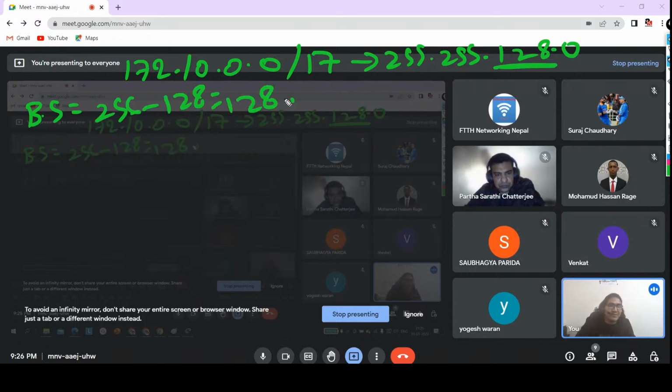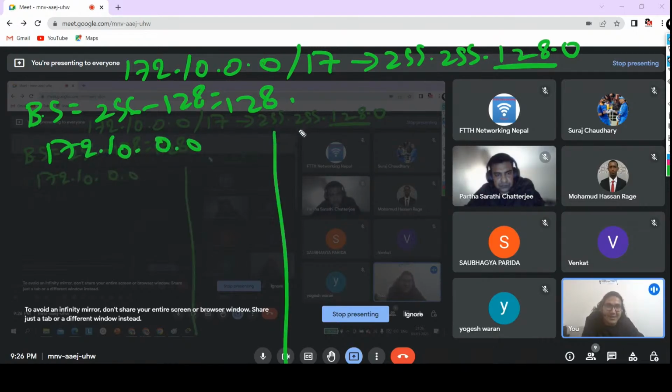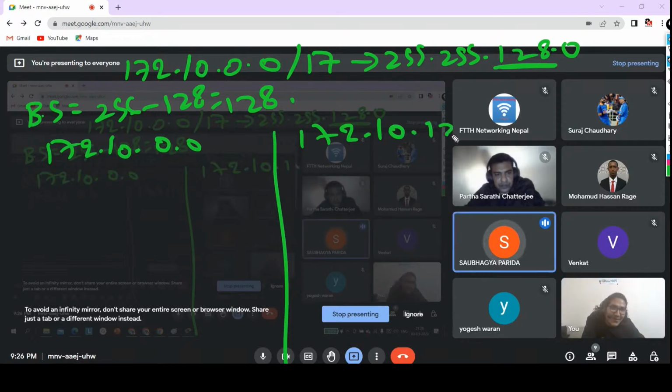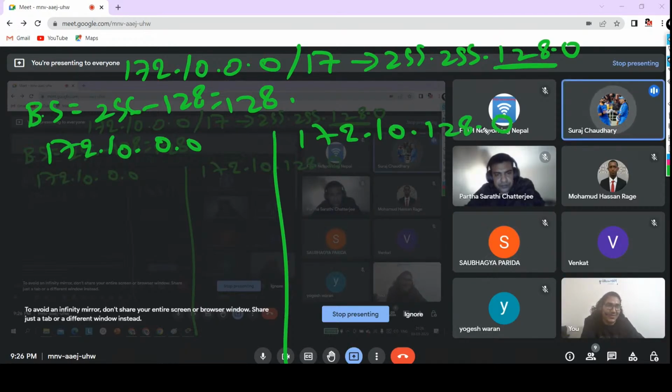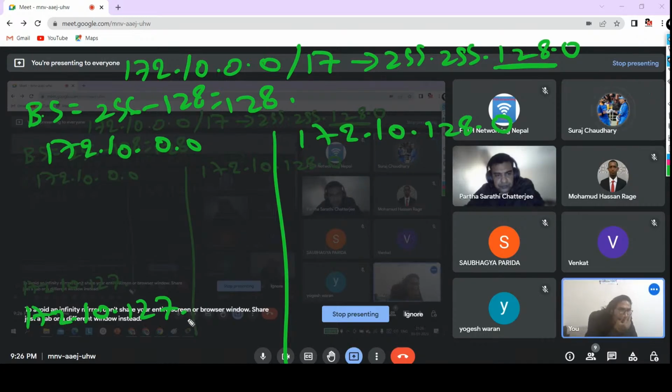My first network will be 172.10.0.0 and my second network will be 172.10.128.0. What will be the last IP address of this network? 172.10.127.255.